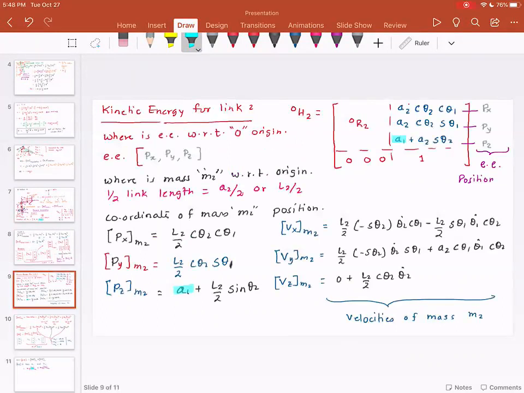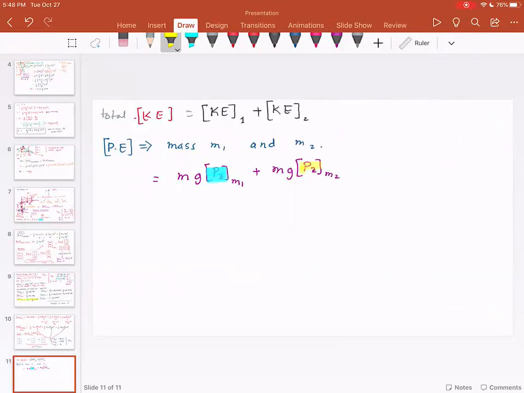And Pz for M2 will come from here. This is the Pz for M2. So you already have the expressions for Pz for M1 and Pz for M2.